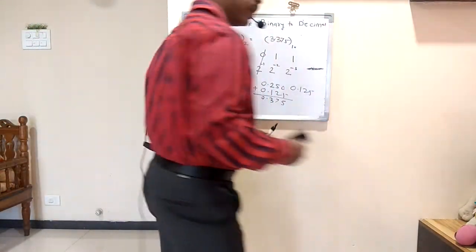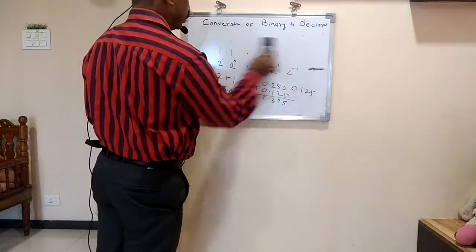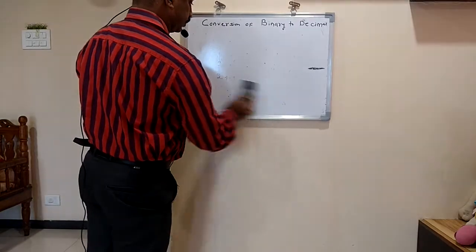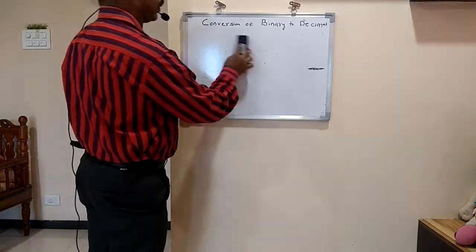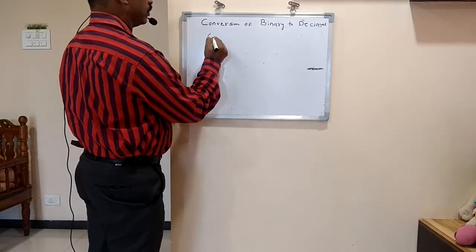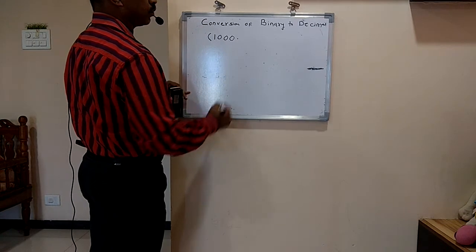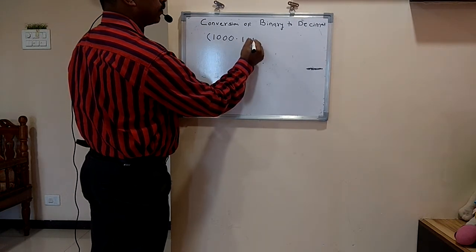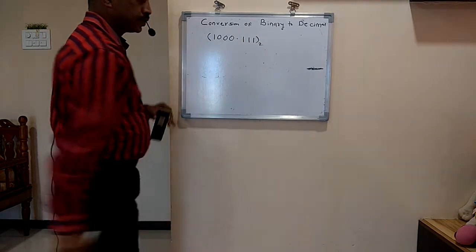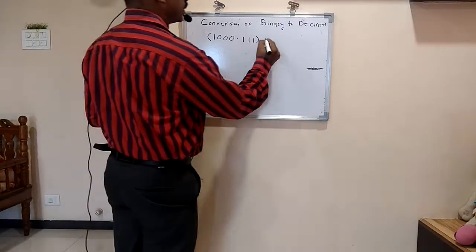Now we take another example. Take another one example: 1000.111. This is one binary number and we want to convert it into its decimal fraction.